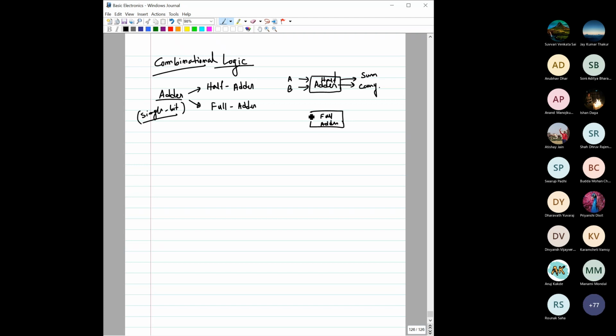So for the full adder, only one thing has been changed. It will also generate sum and carry, but here we also have an input which is called carry from the previous adder.